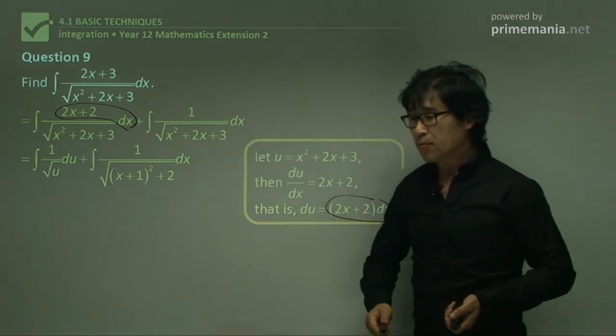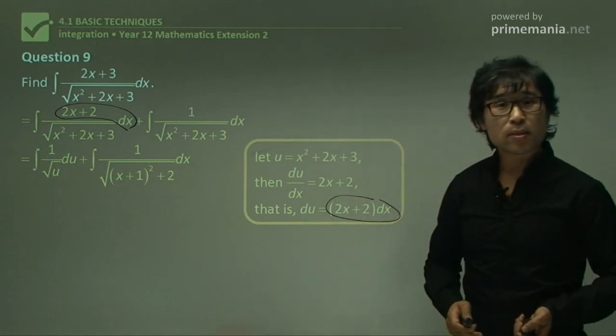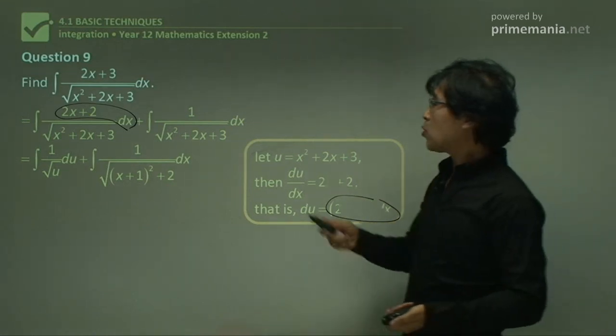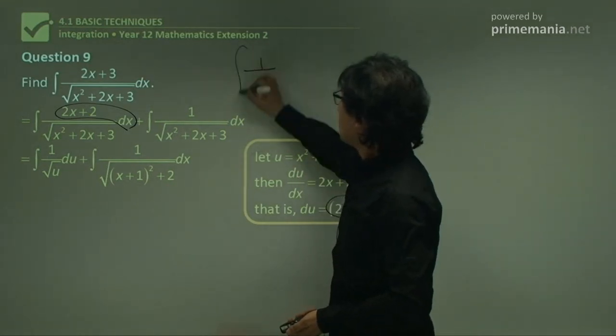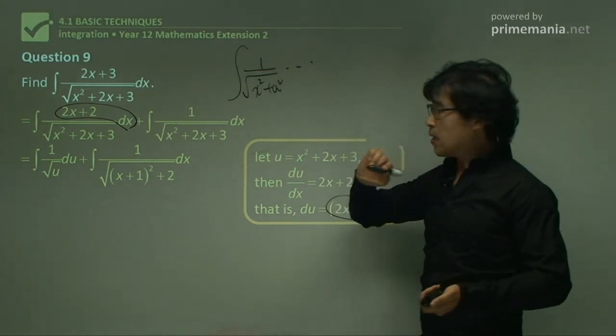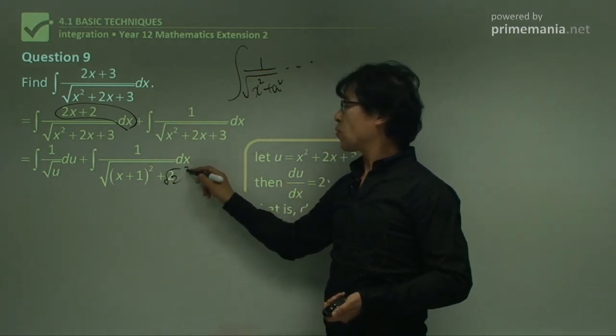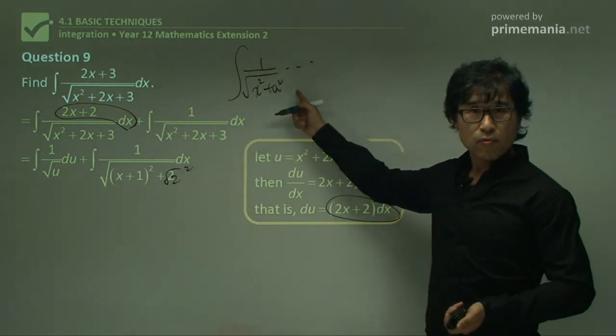And then the second integration, we made the completing the square. I'm going to use the formula 1 over square root x squared plus a squared and so on, like this one. So x squared plus something squared, which is, you can say 2 squared. So we can apply this formula over here.